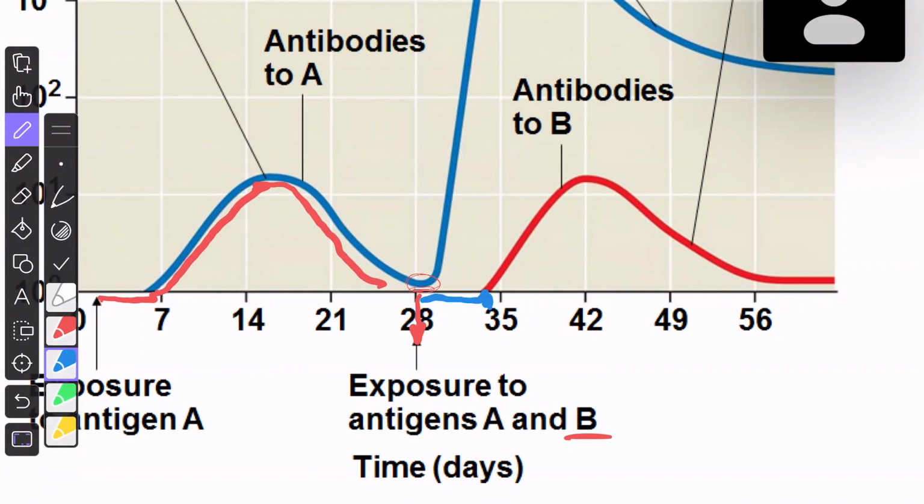It has to figure it out. So it's going to have a primary response to antigen B. It's going to take longer to figure it out. It's going to generate antibodies, but a relatively low number. They're going to go away pretty quickly, but not to zero, because I still have memory cells. I now have memory cells for antigen B.